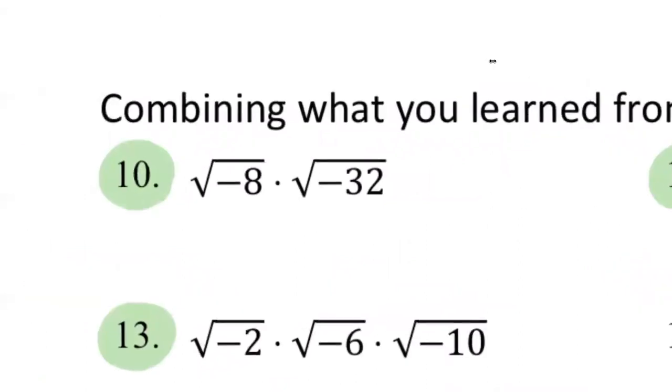So number 10. What we do is that we always try to get into the imaginary number form first. Now, some of you might ask, hey, Mr. Chan, can we just go ahead and multiply the two numbers underneath the square root? Well, for any other numbers, you could, but with this kind of situation, you cannot.